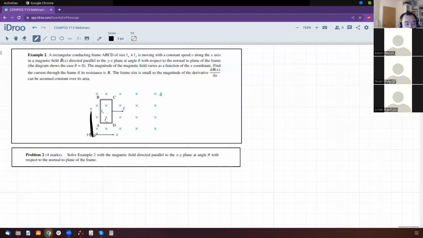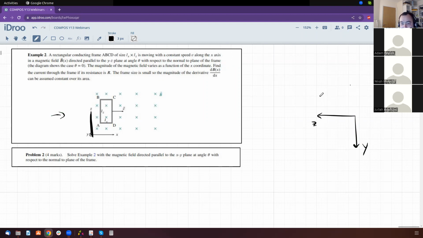So if we draw the frame in this dimension, if we draw this as Z and down is Y, yeah, so Y is down. So we're looking at it from here.